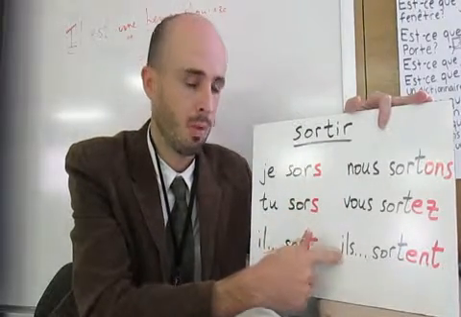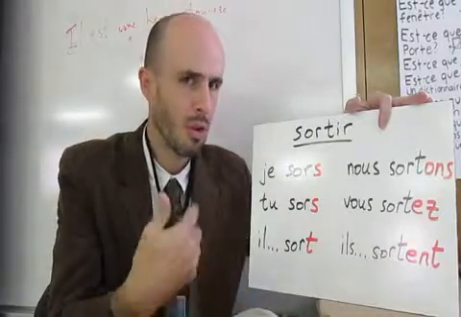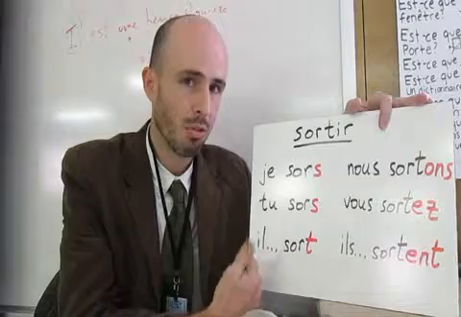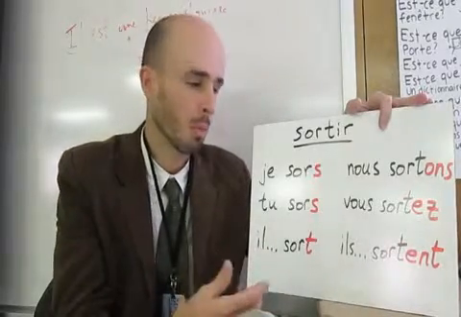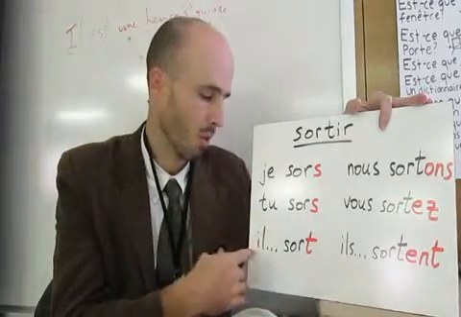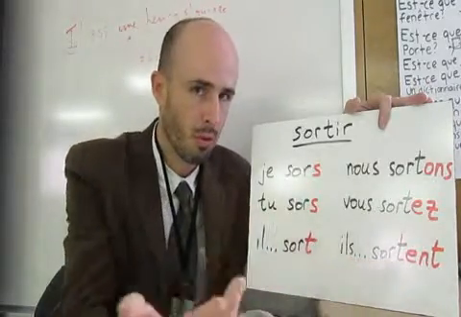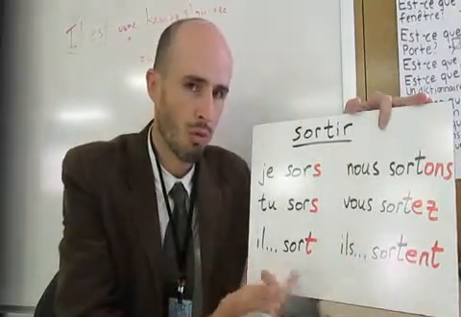Notice, for example, we learned the ER verbs. The il and ils forms, third person singular and plural, sound the same. Here, they don't: il sort, ils sortent. Remember your rule in French, don't pronounce your final consonants.